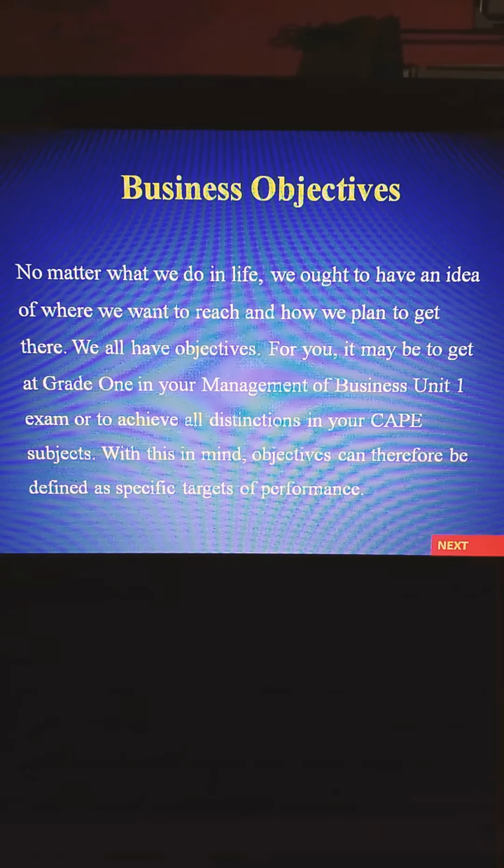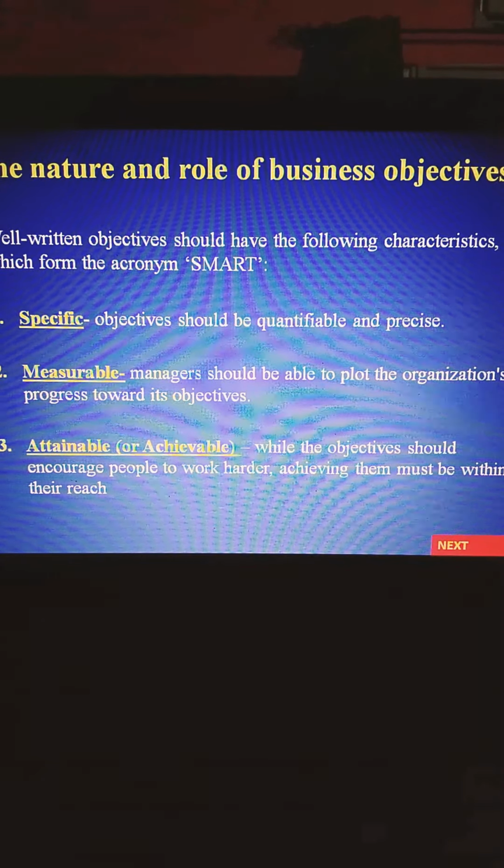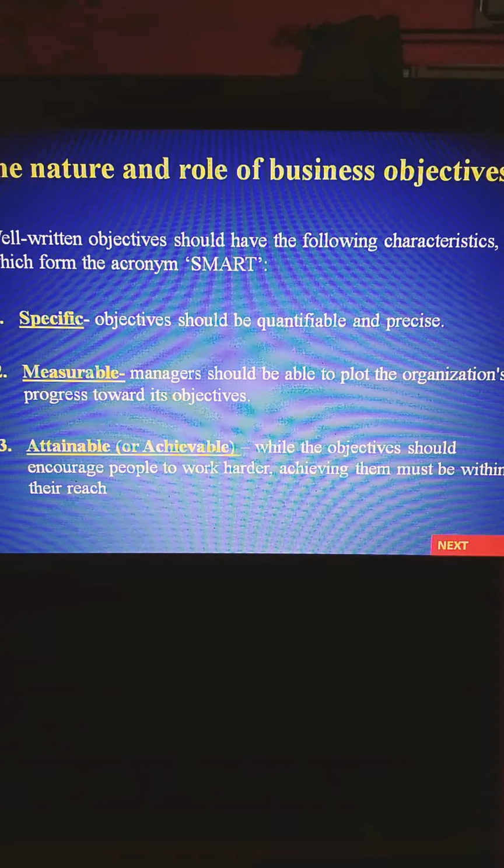With this in mind, objectives can therefore be defined as a specific target of performance. So, setting a target or a goal. We're going to look at the nature and the role of business objectives.